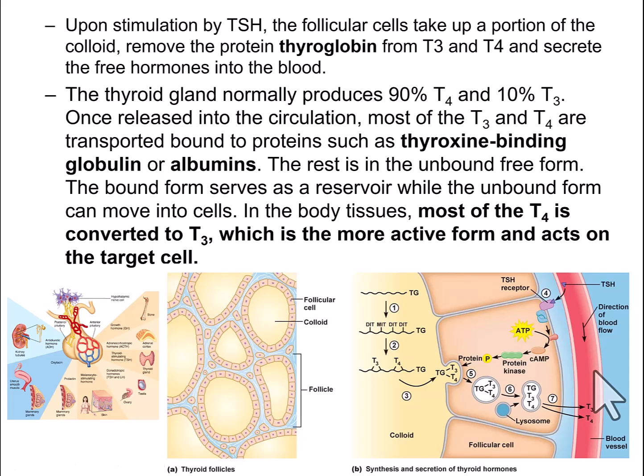And in the tissues, most of your T4 is converted to T3, which is a more active form and acts on the target cell. So you have this bound form on the albumins or thyroxine binding globulin. Then as you're using the free T3 and T4 in the cells, the bound T3 and T4 can be released and act as a reservoir to keep supplying more T3 and T4. It's not an endless supply. I mean, you've got to continue to make it and release it from the follicular cells.